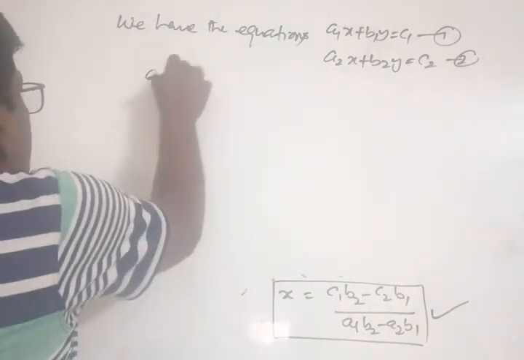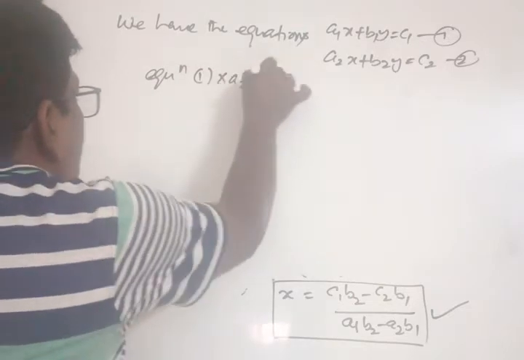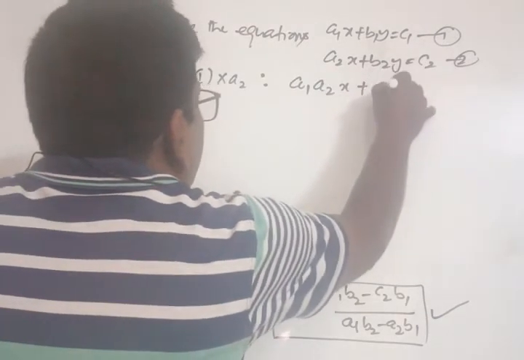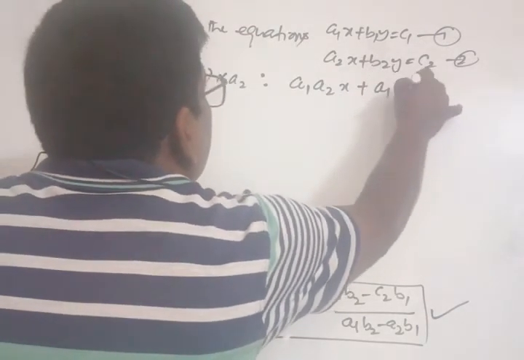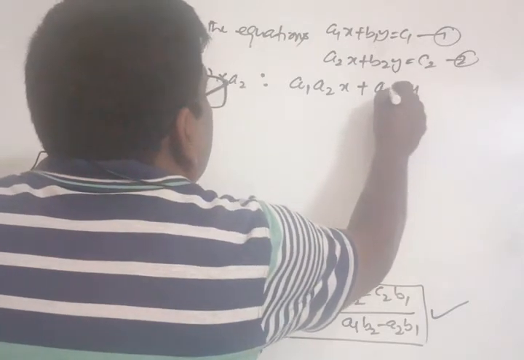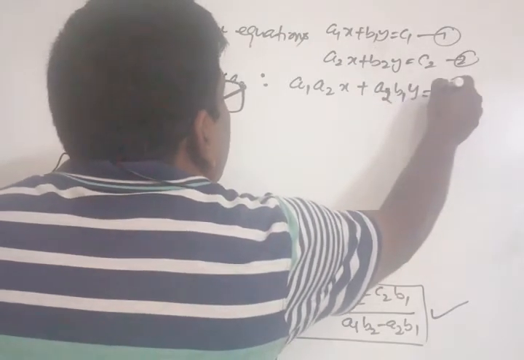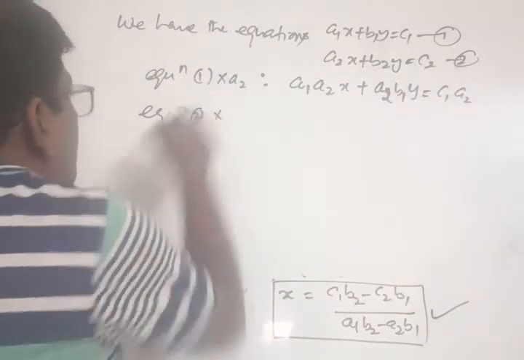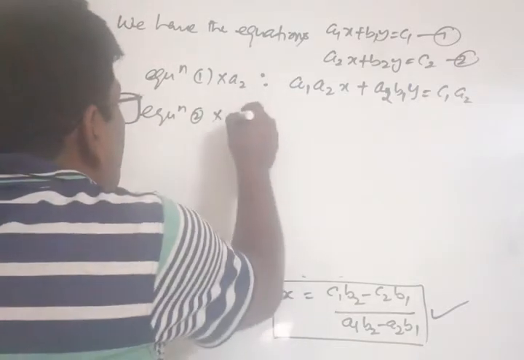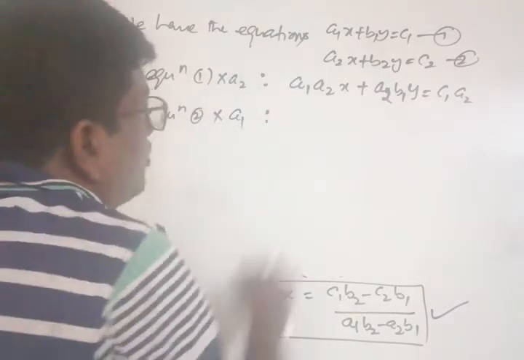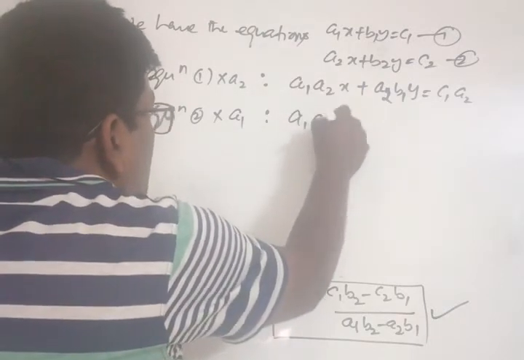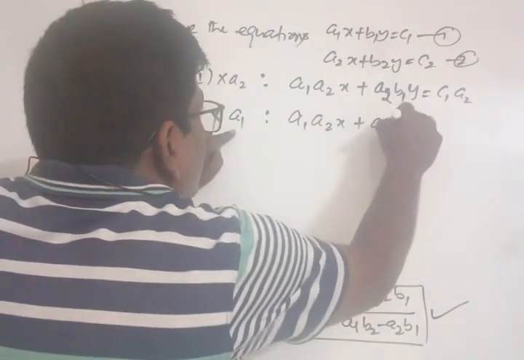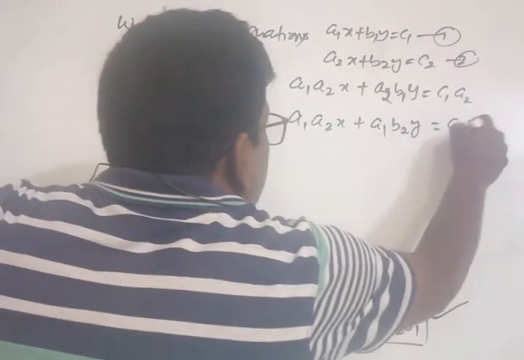Equation 1 into a2: this is a1 a2 x plus a2 b1 y, equal to c1 a2. And equation 2 into a1: this is a1 a2 x plus a1 b2 into y, equal to c2 a1.